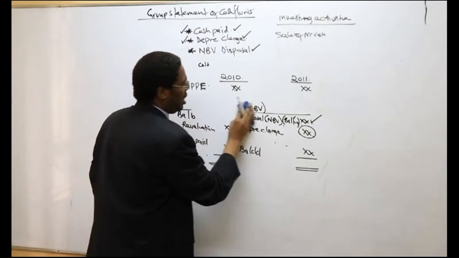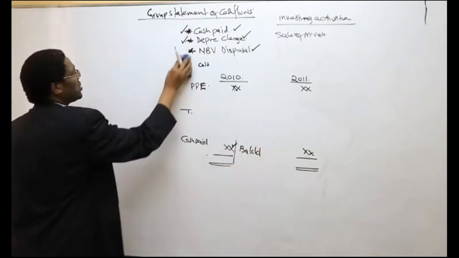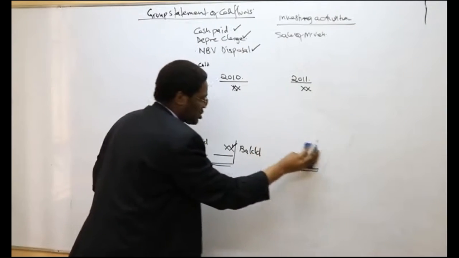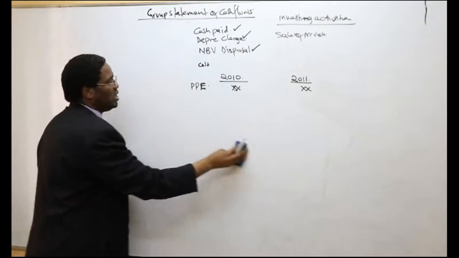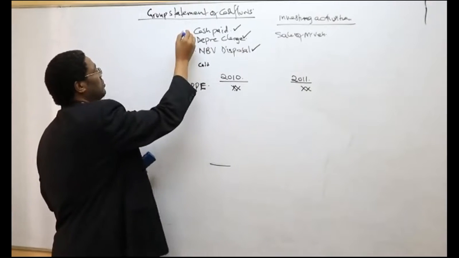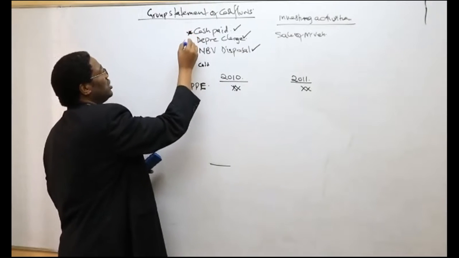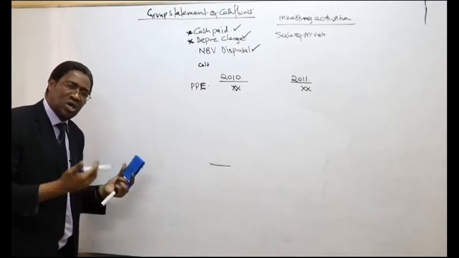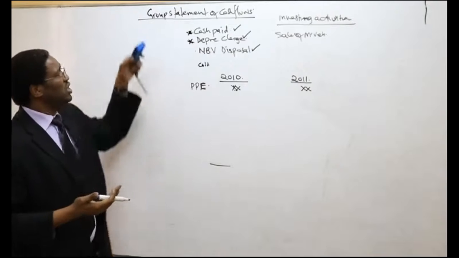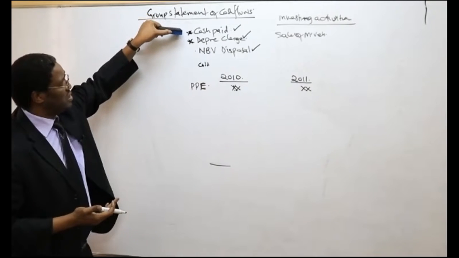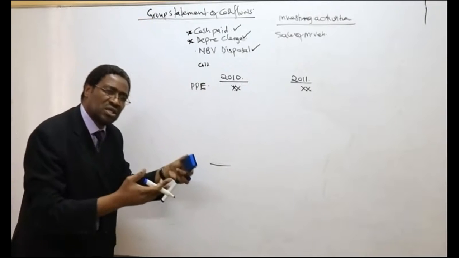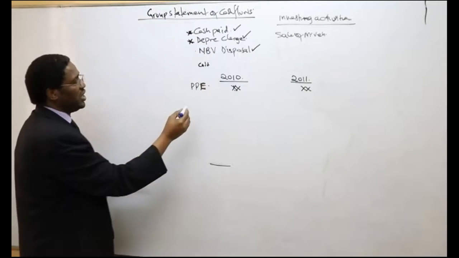But there are questions whereby the examiner may not give you two of these items. One, maybe he does not give you the cash paid to acquire new ones, and two, he does not give you the depreciation charge for the year. So if he does not give you two of these items, then it is not possible to determine two things as a balancing figure in one account.